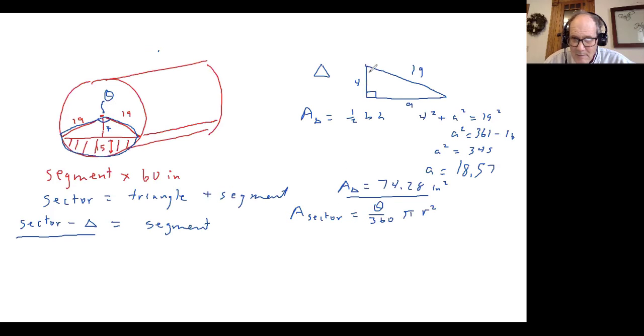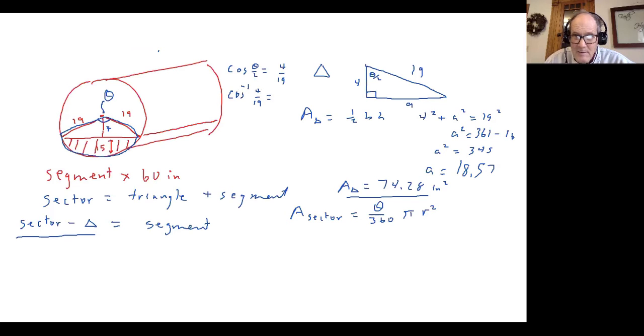We'll go back up here. This would be half of theta. We could find out what that is by simply realizing that cosine of half of theta equals 4/19. Therefore, the inverse cosine of 4/19, and let's see what that is.